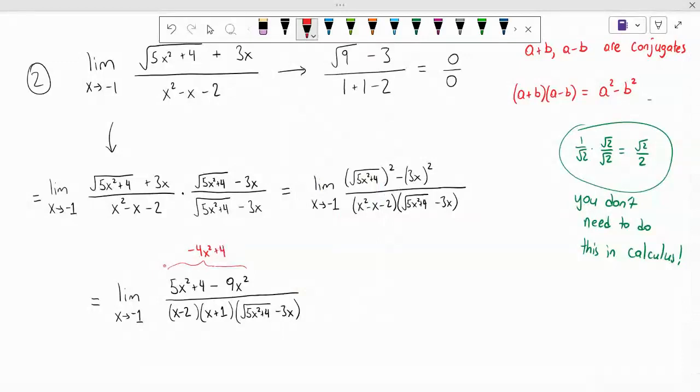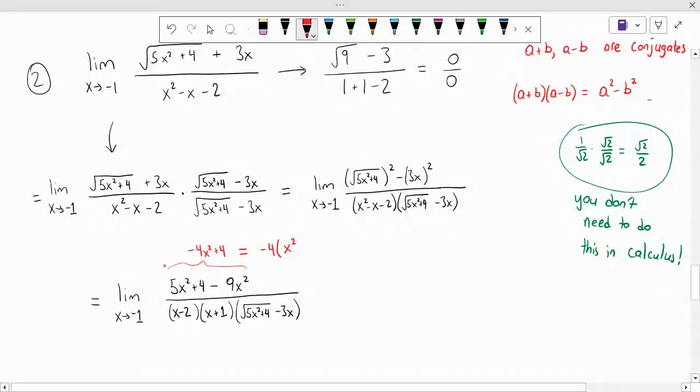Okay, so I factored the denominator earlier. I'm going to do the same and factor the numerator as well, because again, I want to try to cancel something out in order to remove that 0 over 0 situation that we had, okay? To factor this, I would probably factor out a negative 4 from both terms first.